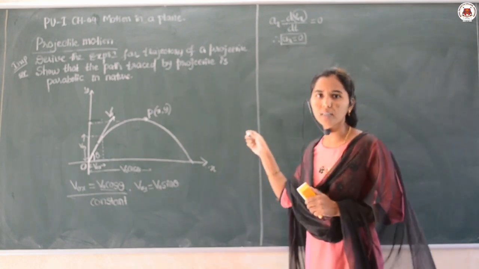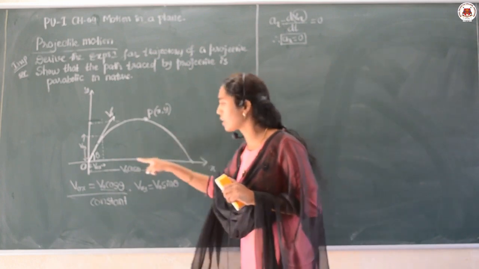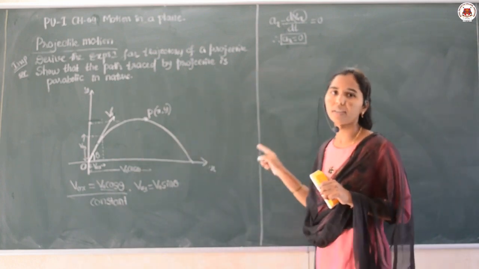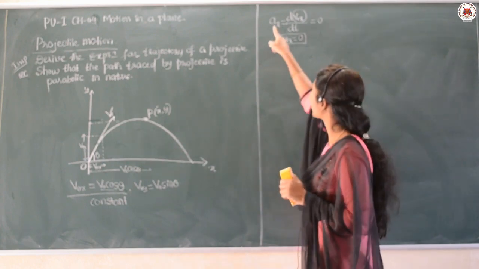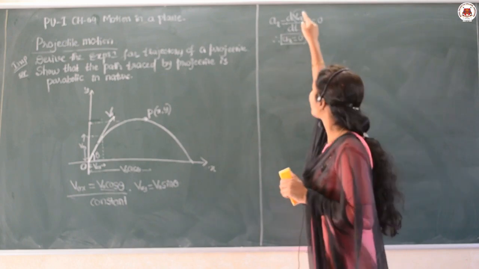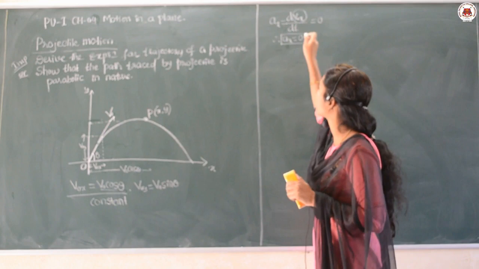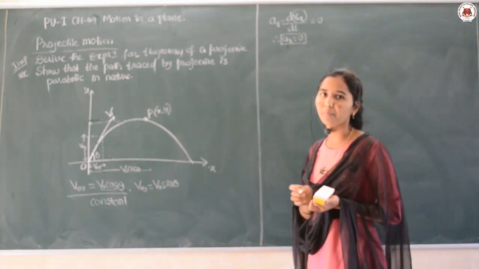Did you understand why ax is 0 here? Because in the horizontal direction the velocity remains constant, so the acceleration in the horizontal is 0, right?